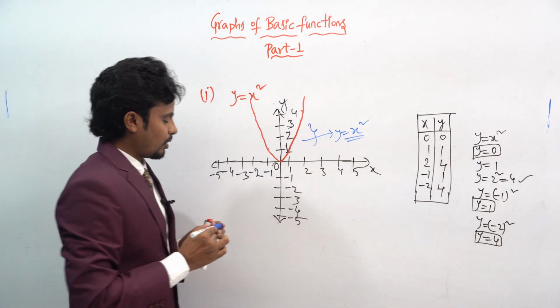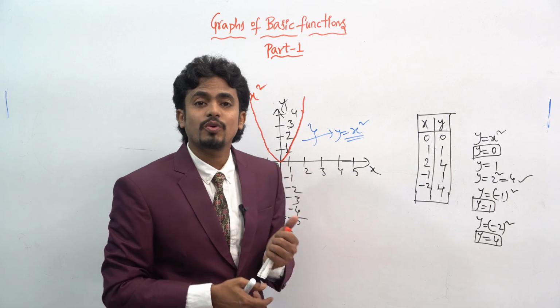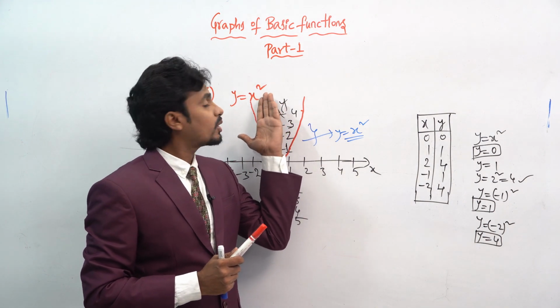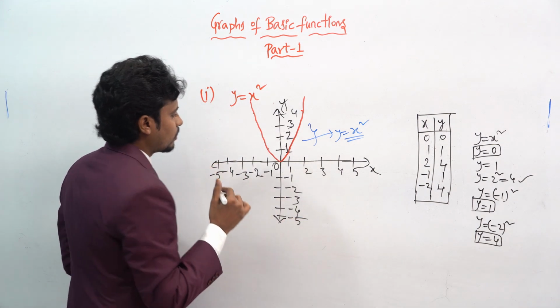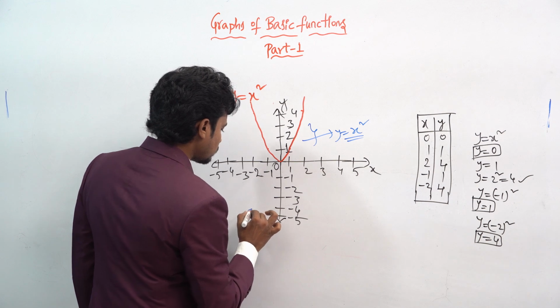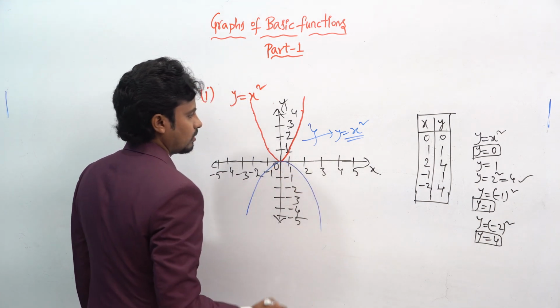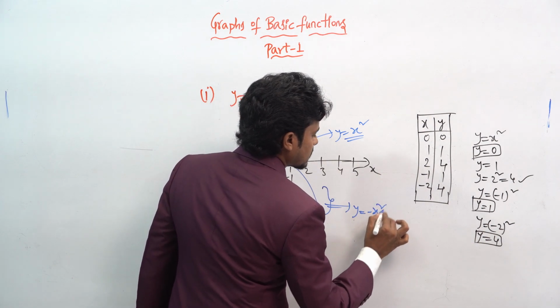And similarly, if you want to find y = -x square, what will happen? Opposite to y = x square, you will get y = -x square, right? So if you draw like this, this will be the plot for y = -x square.